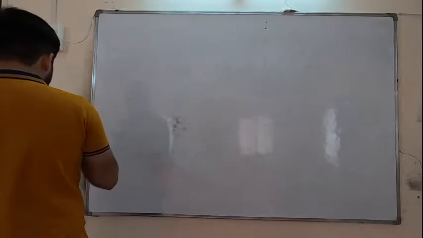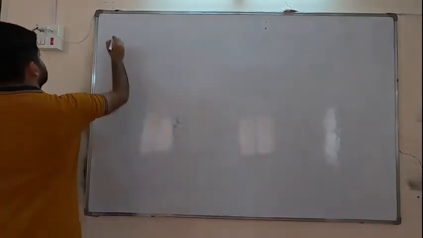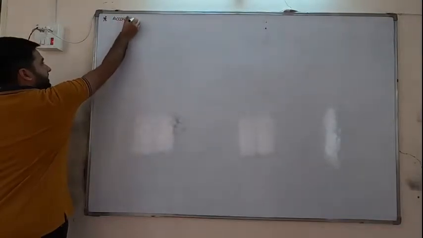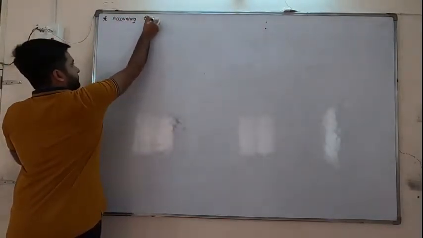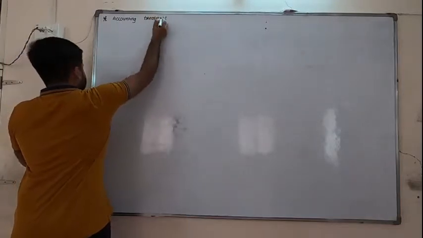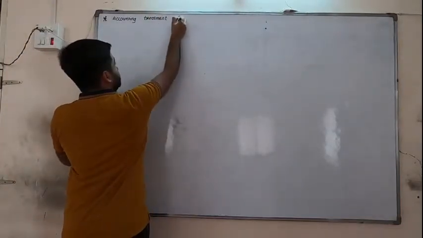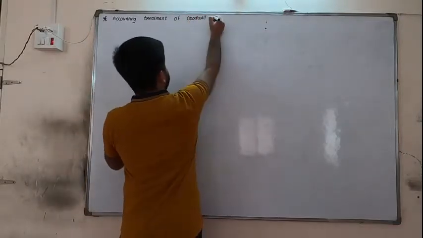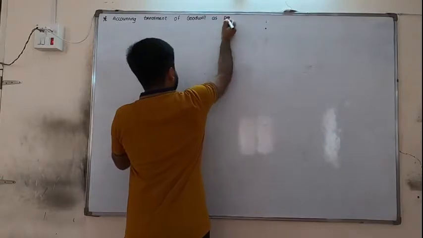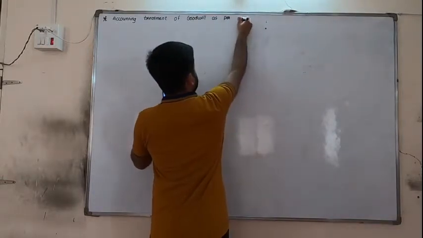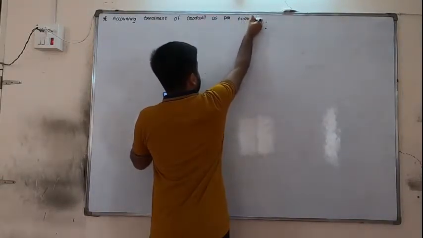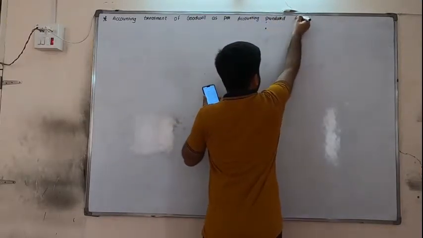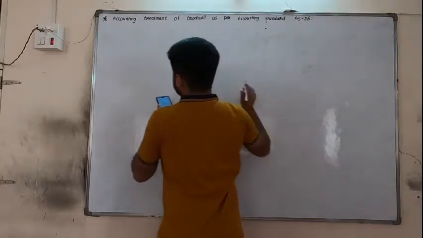There is so much to write and so much to explain. Okay, so we will give the heading: accounting treatment of goodwill as per accounting standard AS 26.